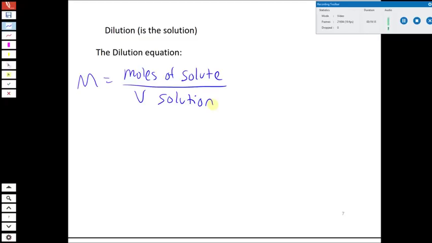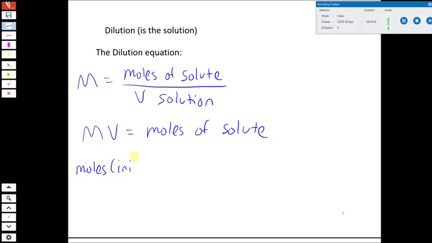And so what that means is if we just rearrange this definition of molarity, molarity times volume is equal to moles of solute. As we said, when you do a dilution, you're not changing the number of moles of solute, so the number of moles of solute you have initially, before dilution, is going to be equal to the number of moles of solute you have after the dilution, your final number of moles.